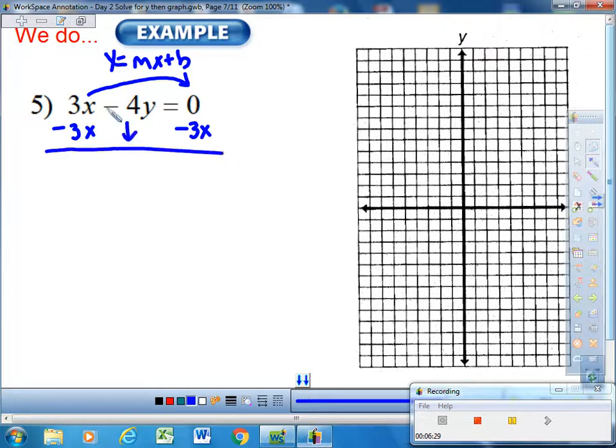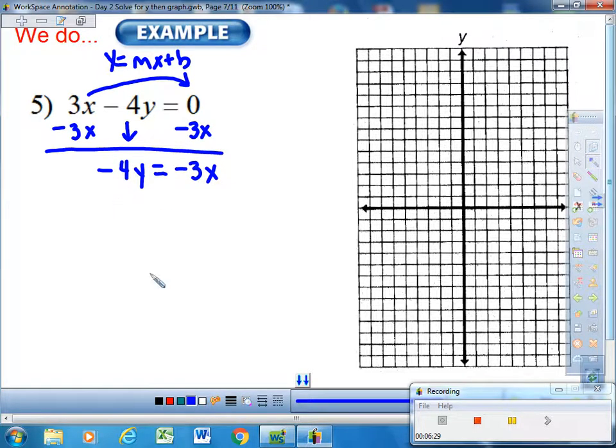Bring your negative 4y down. Don't forget that negative sign in front. These are not like terms, but negative 3x plus 0 is just negative 3x. If you want to add 0 there, you can, but you don't need to.